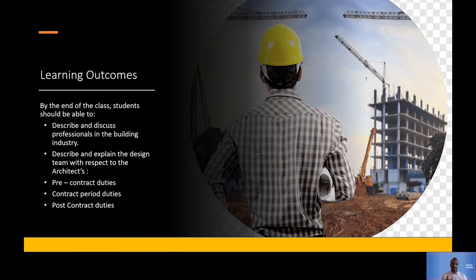So pre-contract means before the building is built, what happens in that period. And post-contract means after the building has been built, what happens then. So we'll talk about those things, and then you'll have a great understanding.